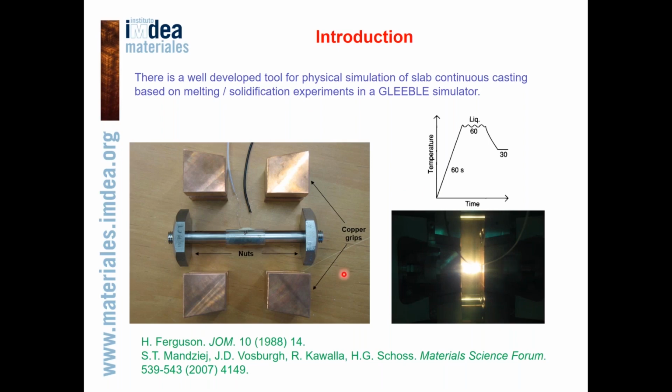So we make a sample from the material, we weld the thermocouple to the midsection of the sample, we put a quartz tube onto it, we cover it by copper grips and put this setup in a Gleeble chamber where we perform melting solidification experiment.